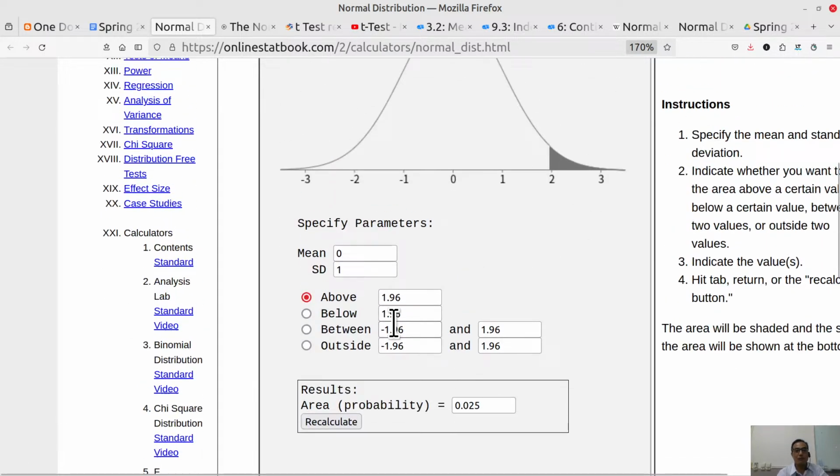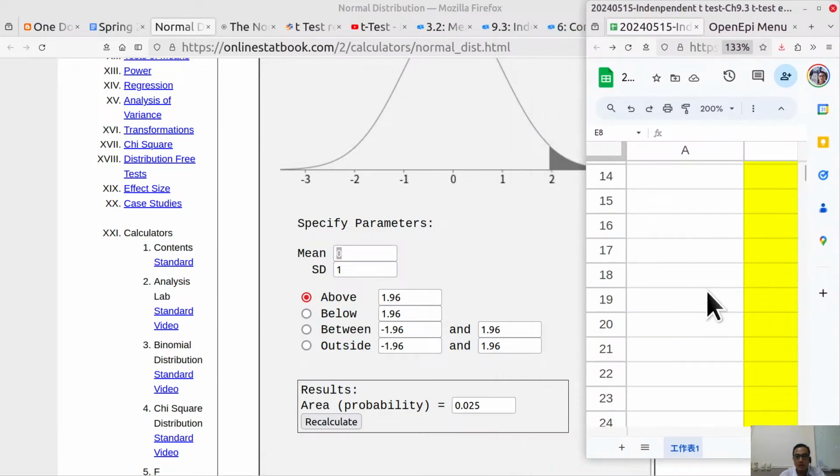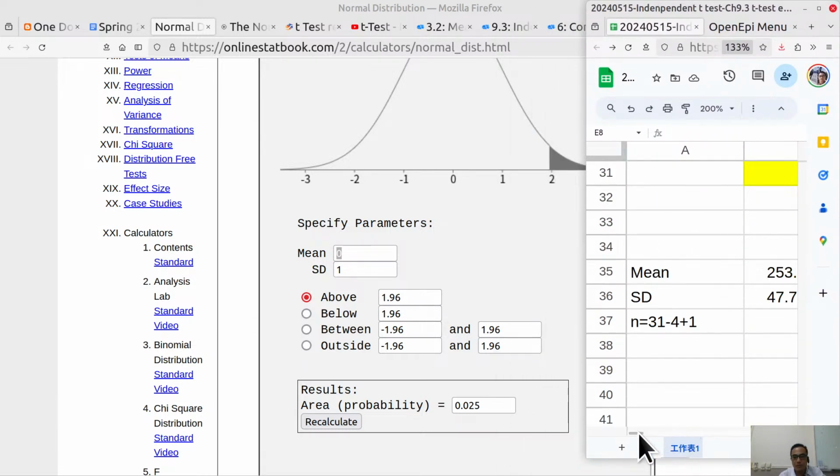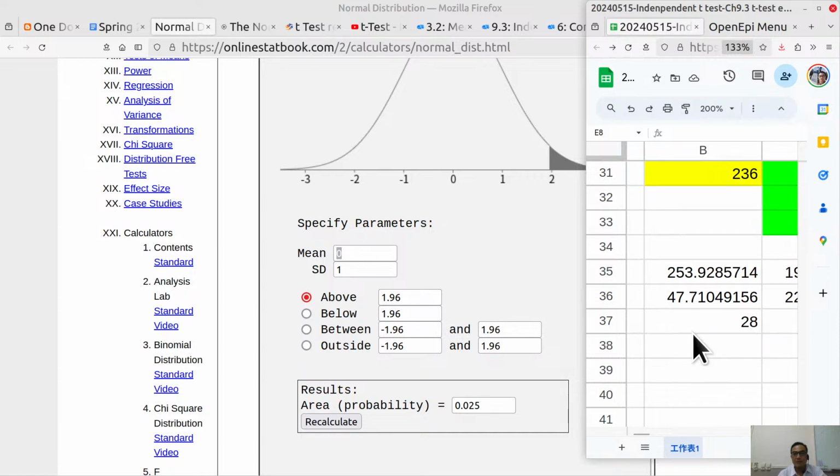For example, if I have a number, here, the mean, I can use the example from the previous calculation. The cholesterol level from patients here, the average is 253.9.